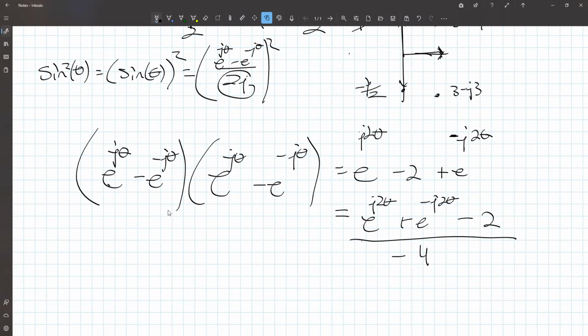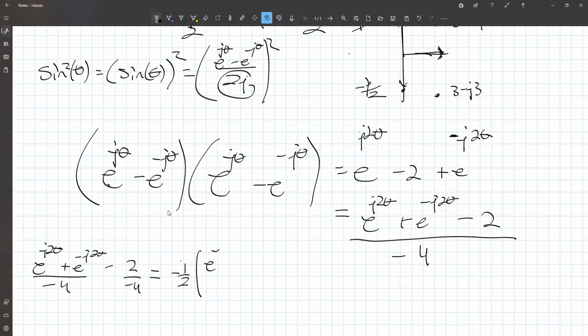So we have E to the J 2 theta plus E to the negative J 2 theta and minus 2, and that's all over minus 4, which is equal to, let's factor out in the front there, -1/2.